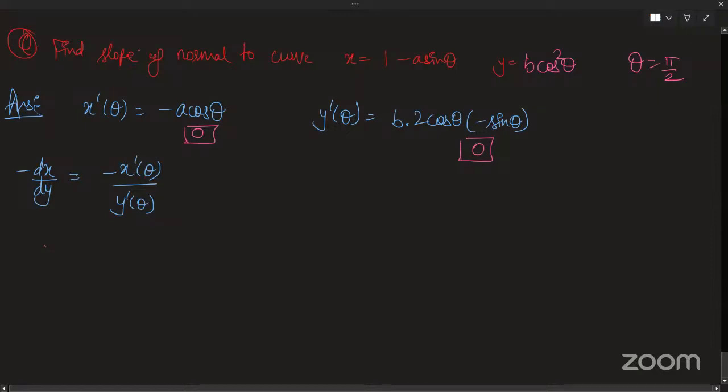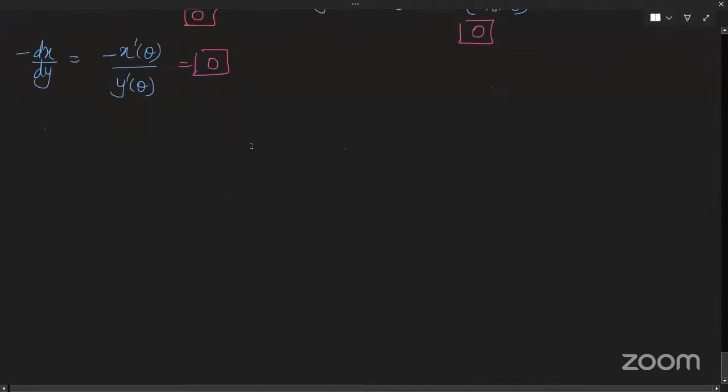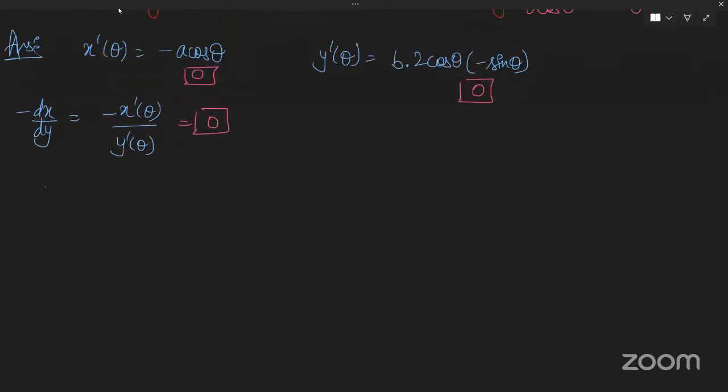Actually, it's 0 by 0 form, but you don't actually need to solve it. The numerator is 0, so the answer will be 0. Over here, don't think about limits. The numerator is 0, so the answer will be 0. So the slope is 0.